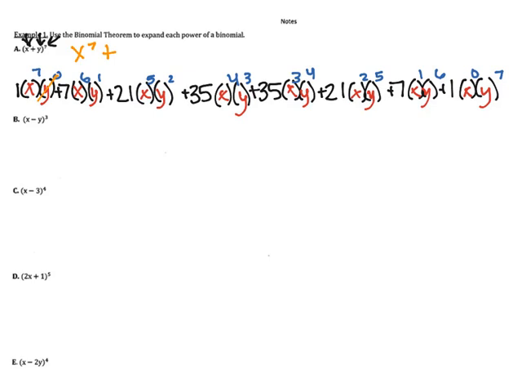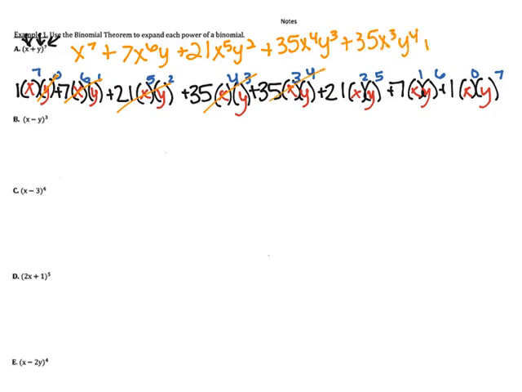The second term is going to be 7x to the 6y plus 21x to the 5th y squared plus 35x to the 4th y to the 3rd plus 35x to the 3rd y to the 4th plus 21x squared y to the 5th plus, oh gosh, I'm running out of room, 7xy to the 6th, and then plus y to the 7th, because that becomes 1 times 1.